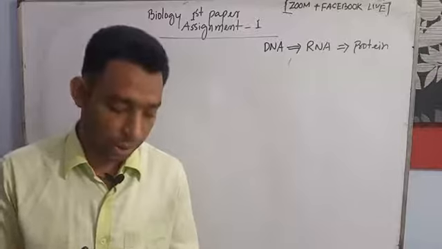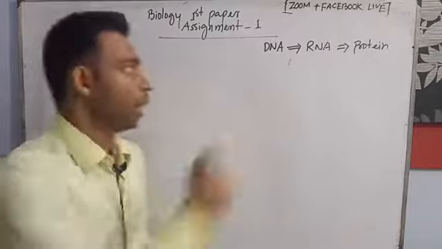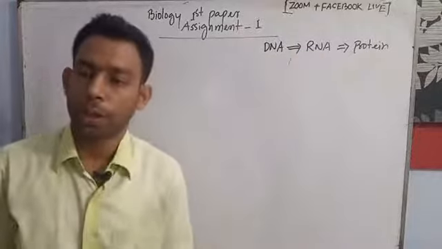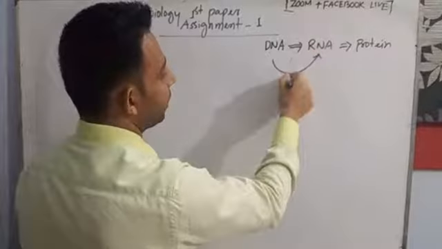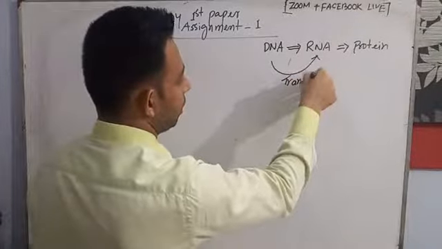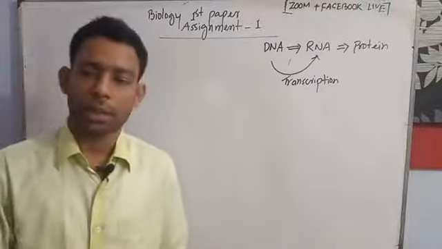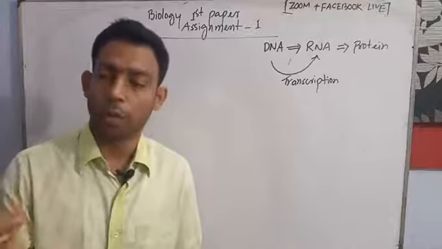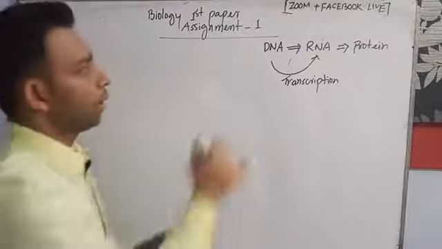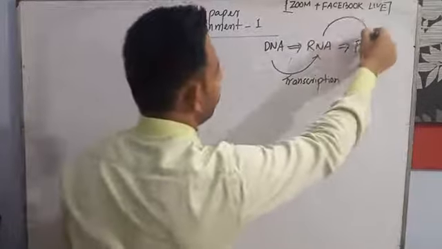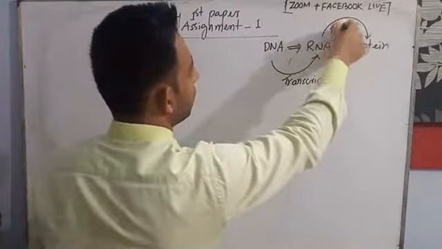Then the second point, DNA to RNA: the way it is produced is the transcription process, and we will go through the transcription in detail, as I explained before when we completed chapter 1. And RNA to protein is the translation. We know about that translation.